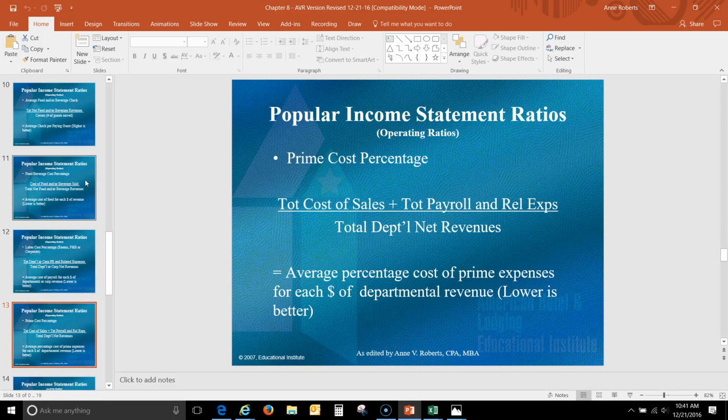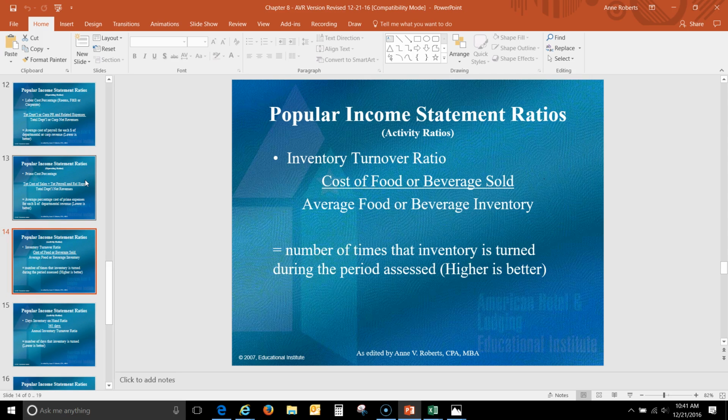All right? Prime cost percentage. Remember, that's just those two combined together, total cost of sales versus the payroll. So again, cost, we want to keep it low, so lower is better. All right? Now, this one, don't let this one throw you off. When we're looking at this inventory turnover ratio, remember that inventory turnover ratio is going to give you the number of times that inventory has turned over.